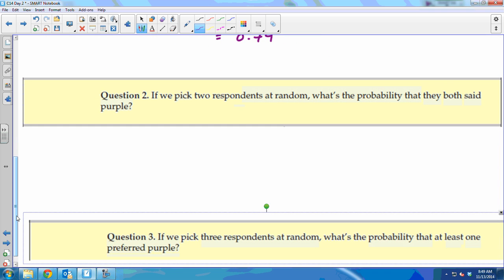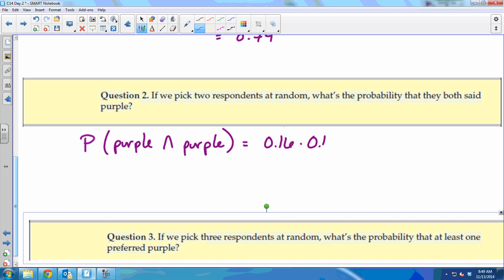Question 2, if we pick 2 respondents at random, what's the probability that they both said purple? So what rule are we using here? And. So purple and purple. So that was the, what, 16%? Right?